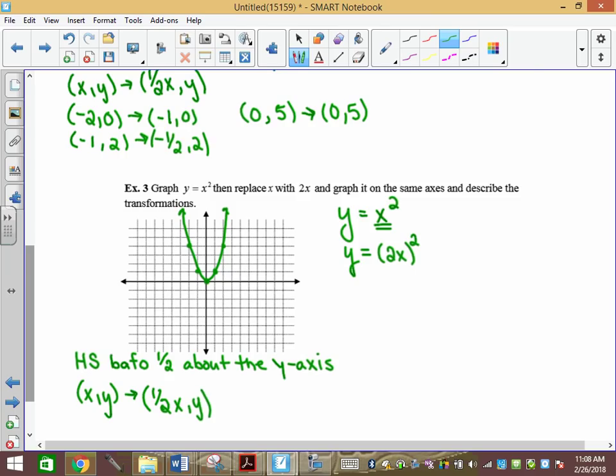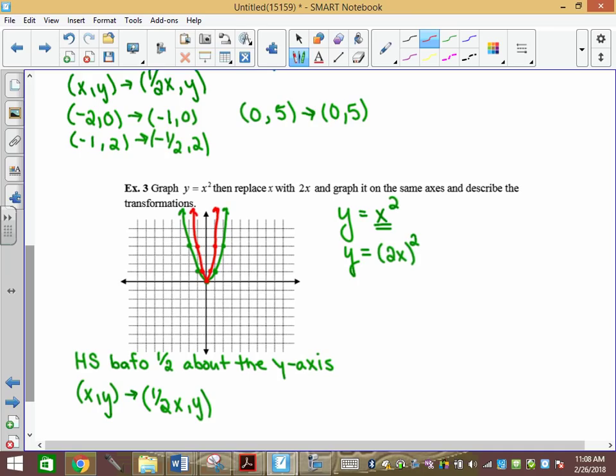So if I go to graph that, 0, 0. 1/2 x, same y, so it's going to go here. 1/2 x, same y, going to go here. 1/2 of x, same y. So I get this red graph, we agree?